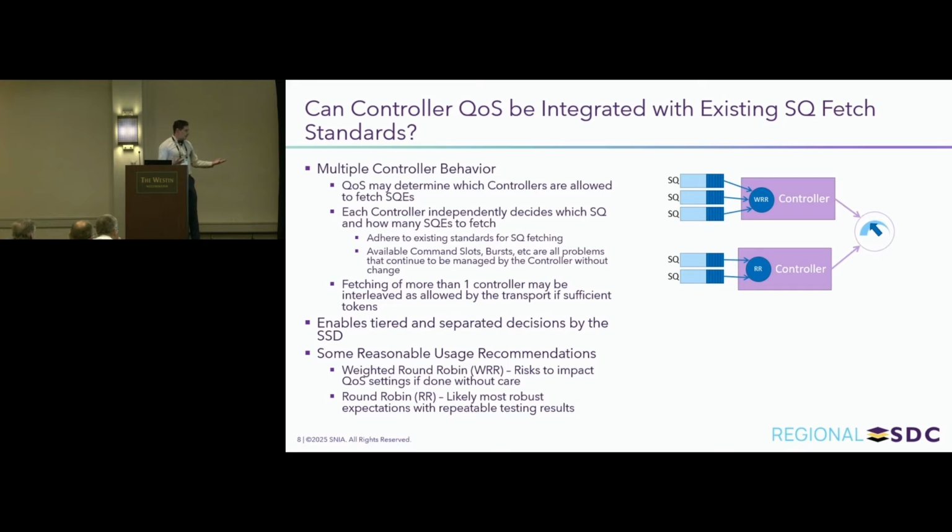That being said, I've shown the ability of one controller to set weighted round robin or round robin. I think it's reasonable that weighted round robin and how that intermingles with your rate limit or priority settings might be a little confusing.